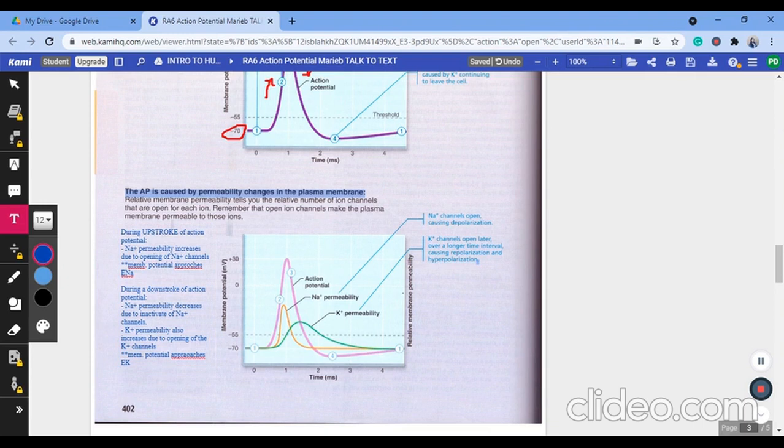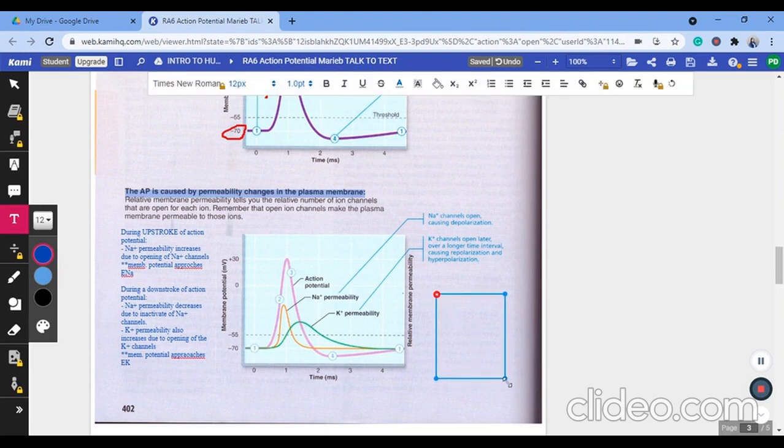However, number 4 is the hyperpolarization of the membrane following an action potential.